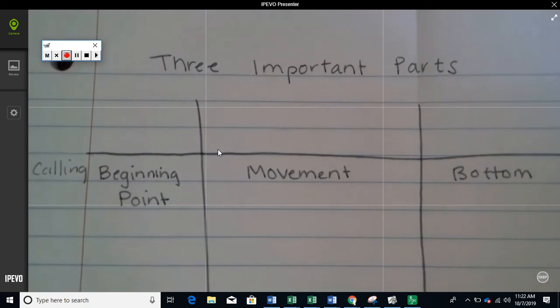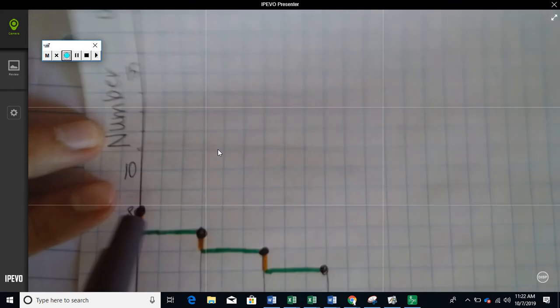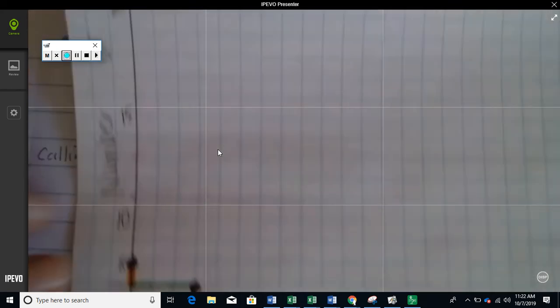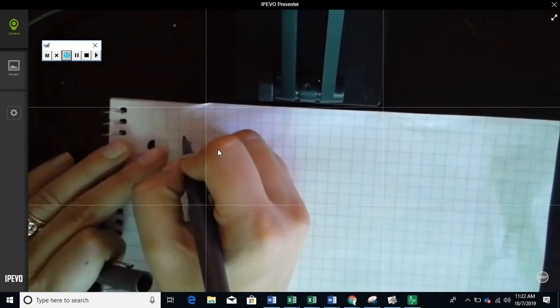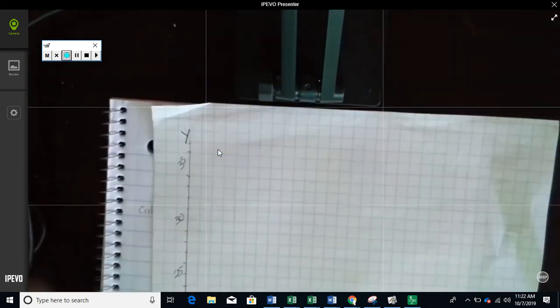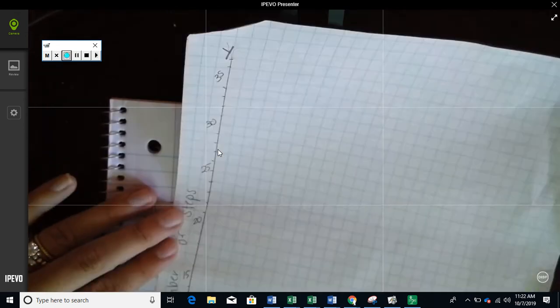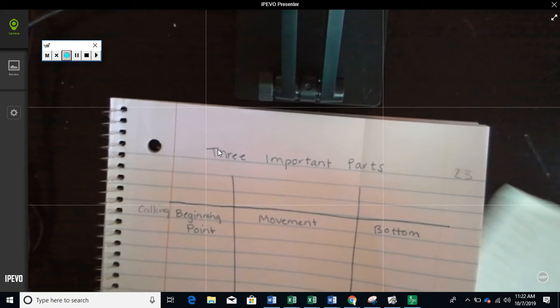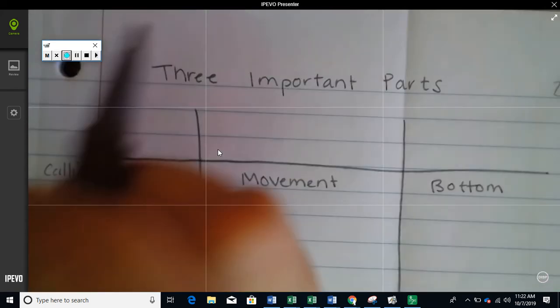So we're going to start with the beginning point, and I'm going to see if you can guess or remember what it's called. So for the one that we did with Karen, this was the beginning point, and it's on this special line that we call the y-axis. So both beginning points are on the y-axis. We call it the beginning point, but the math word is actually, do you know what it's called?